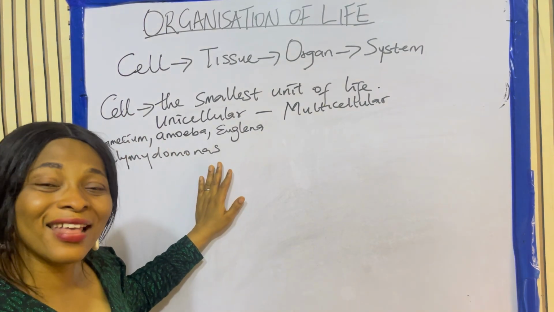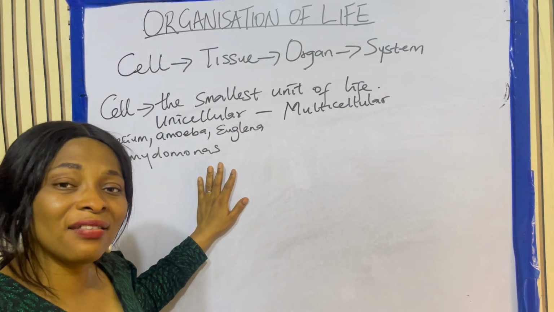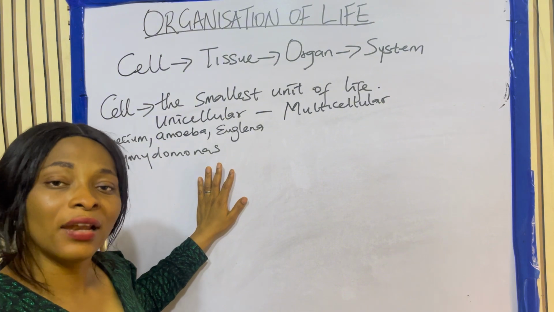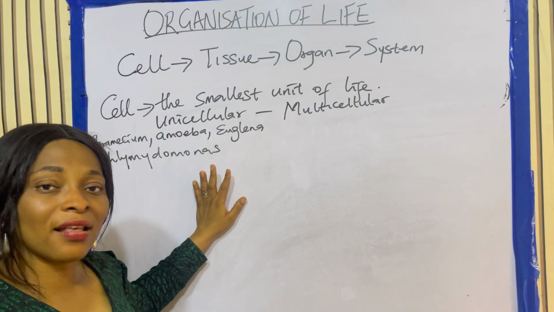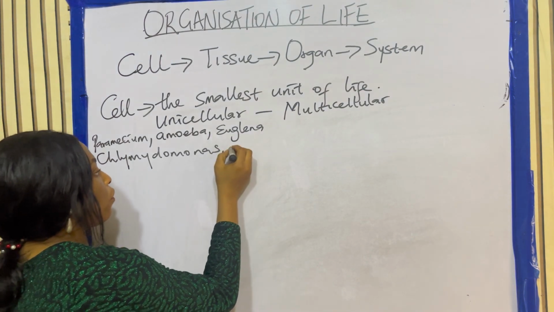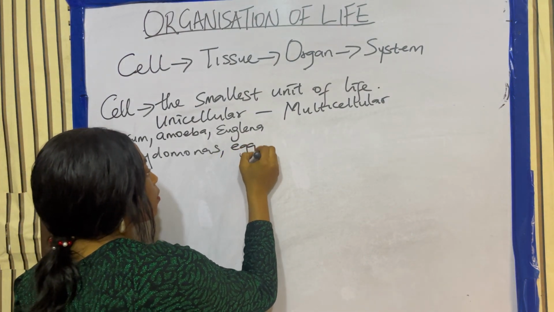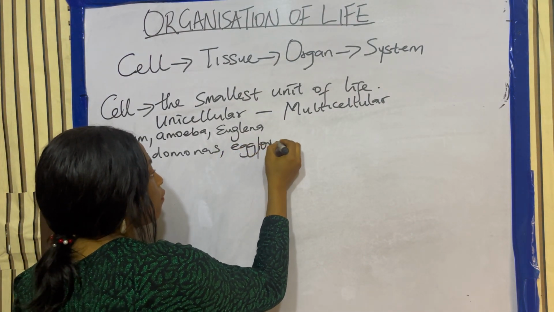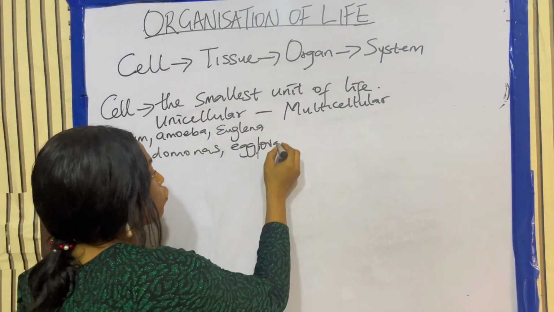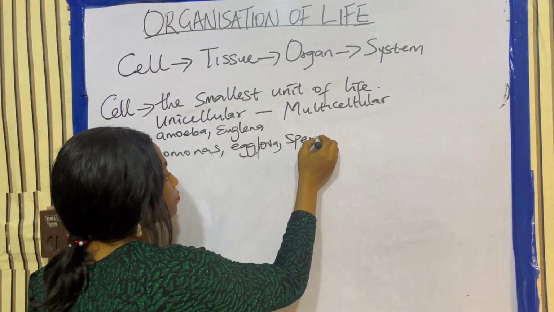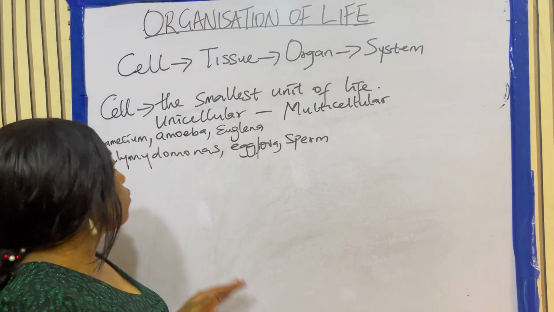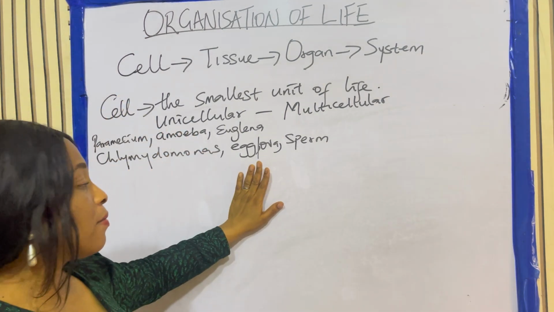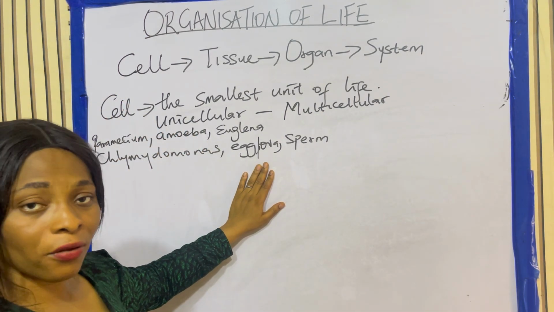Unicellular. Hence, they exist at cell level. Other things that exist at cell level, you also have your egg or ova found in the body of a woman. You also have your sperm cells, and so on and so forth. So these are organisms that exist as cell.